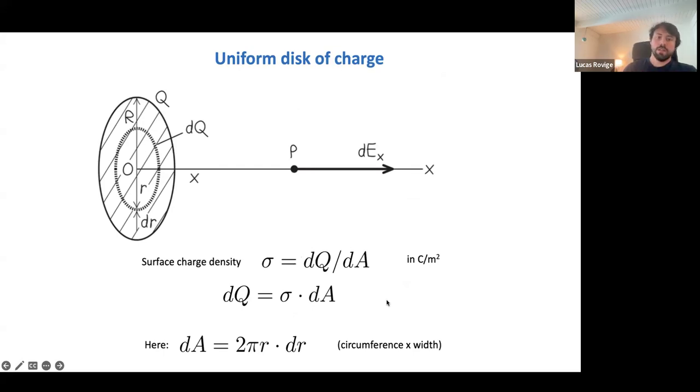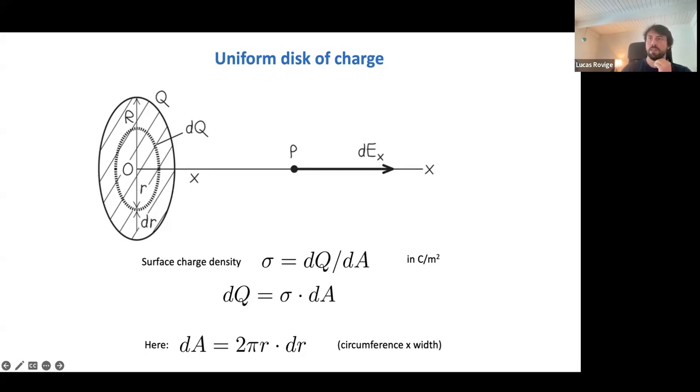Okay, so these first two examples, the segment that we did together and the ring that I asked you to do as homework, were examples in 1D, so 1D distributions of charge. But as I've said, we can also look at 2D distributions of charge, and for instance, a uniform disk of charge.